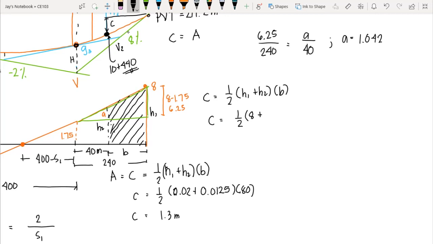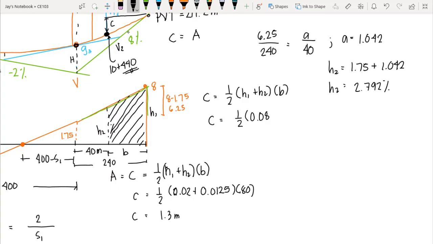But since we are computing here for H2, we add 1.75 and 1.042 so that we would compute the entire H2. So H2 is equal to 2.792. That is in percent, but we can express this all as a decimal.